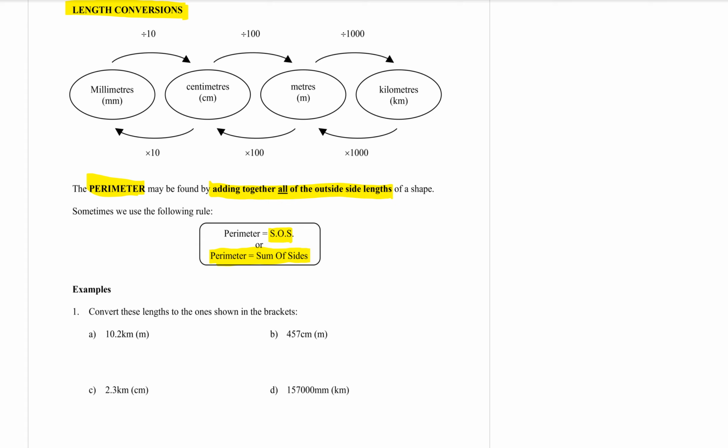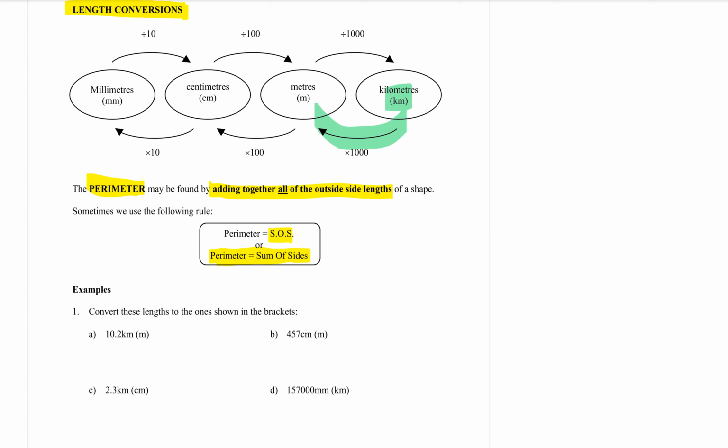In example number 1, we want to convert the measurement that we're given into the unit that's shown in the brackets. So the first one is 10.2 kilometers. So that means we're starting here at kilometers, and I'm trying to get to meters. If I follow the arrow to get to meters, I need to times by 1000.